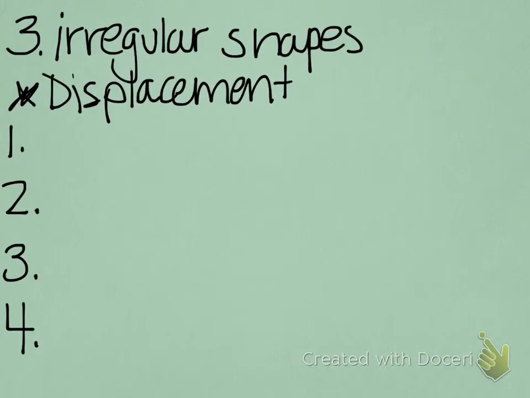The third thing is displacement. Now, it's ideal if we have something that's a cube, we can just measure it with a ruler or a meter stick. Or if it's a liquid, we can just throw it in a graduated cylinder. But that doesn't always happen, okay? A lot of the times we want to measure the volume of something that is irregular shaped.